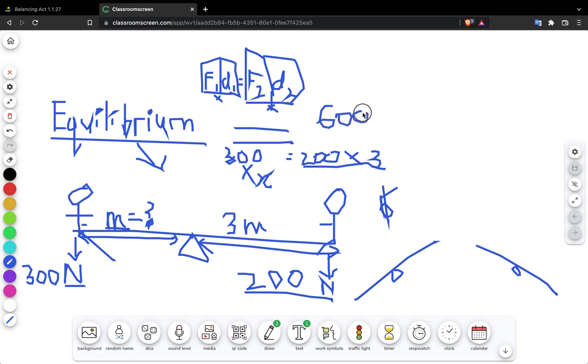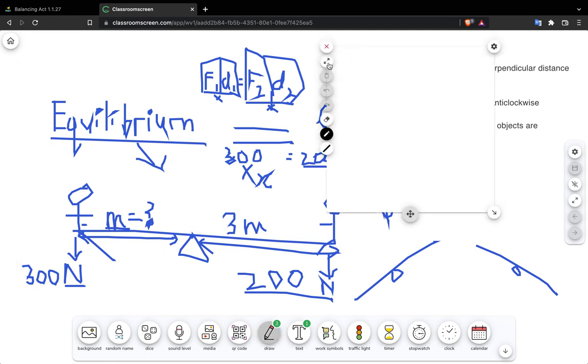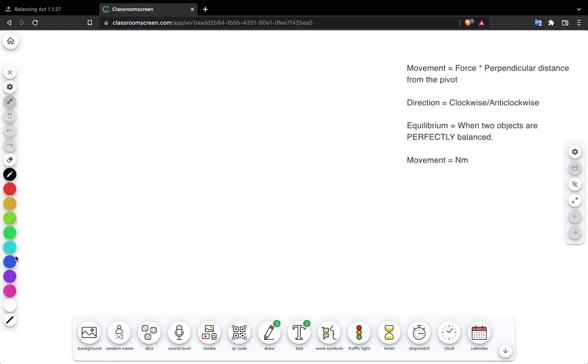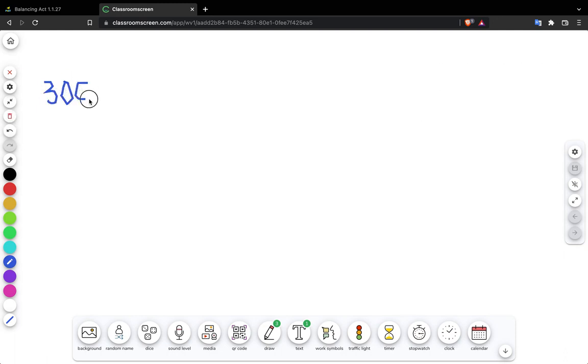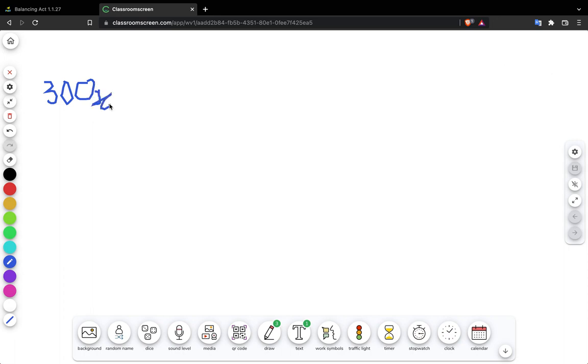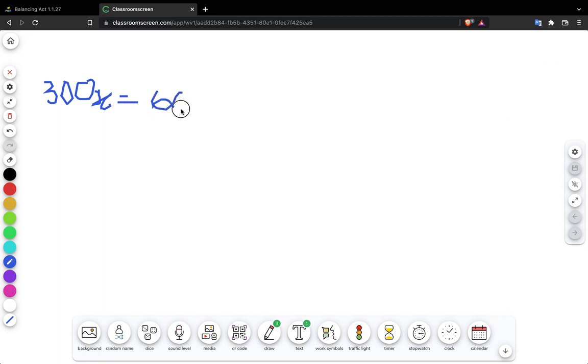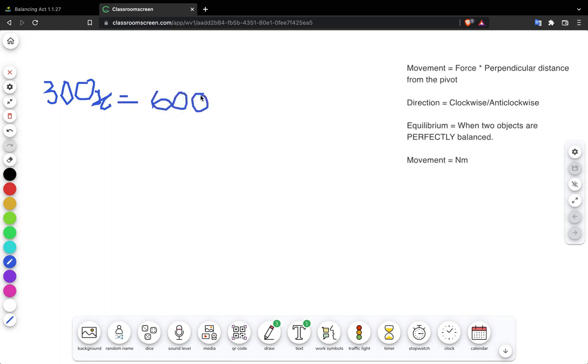600 is equal to 300 into x. Now let me just grab another paper. So basically we do know that 300x is equal to 600.